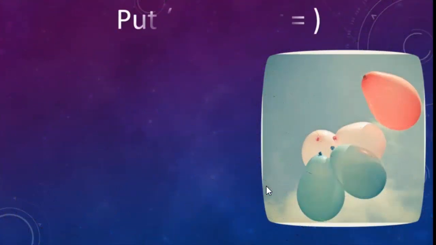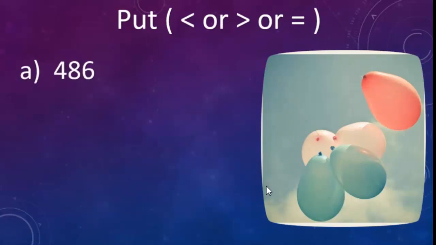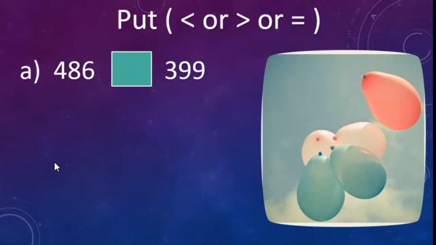Compare using less than, greater than, or is equal to. 486, 399. Here we have 4 in hundreds place, 400. But there we have 3 in hundreds place, 300. So 400 is greater than 300.